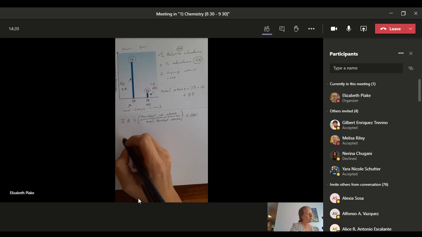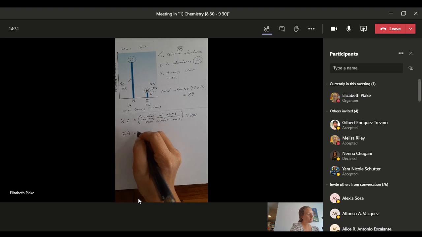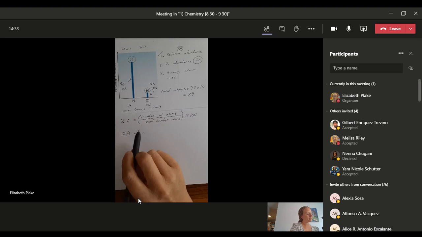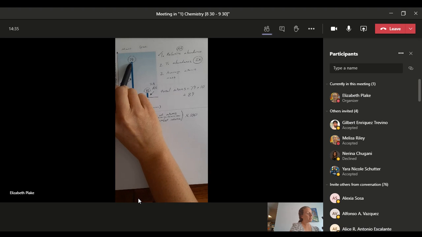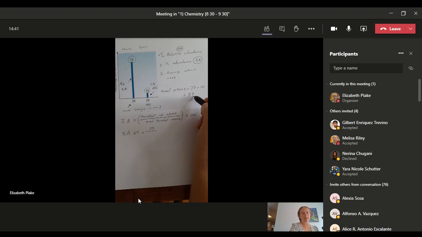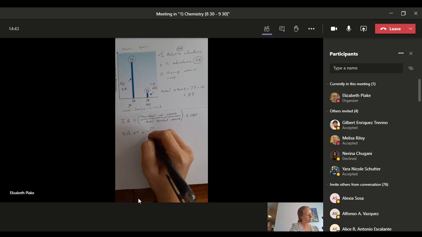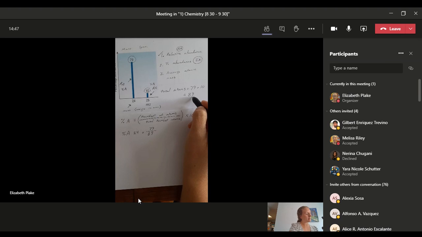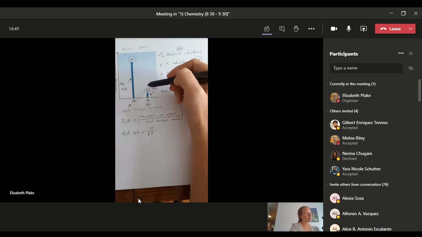All right, so I'm going to calculate the percent abundance for my isotope that weighs 24 AMUs. So my percent A for 24 equals 79 atoms divided by the 89 total atoms. And as a reminder, I got this 89 by adding my 79 and my 10.